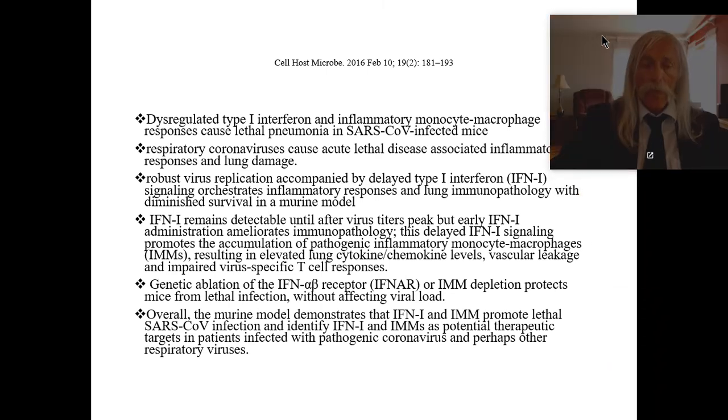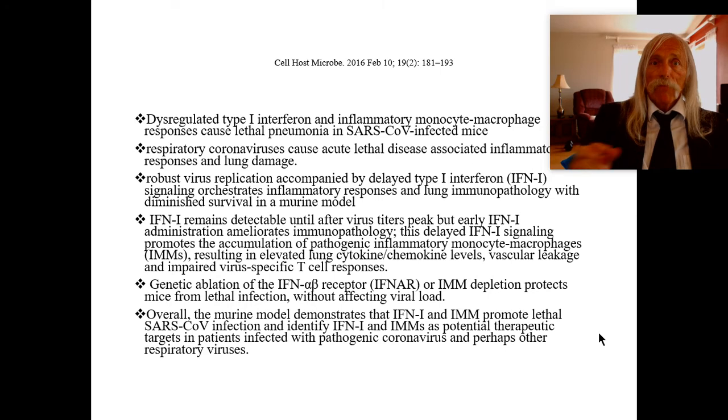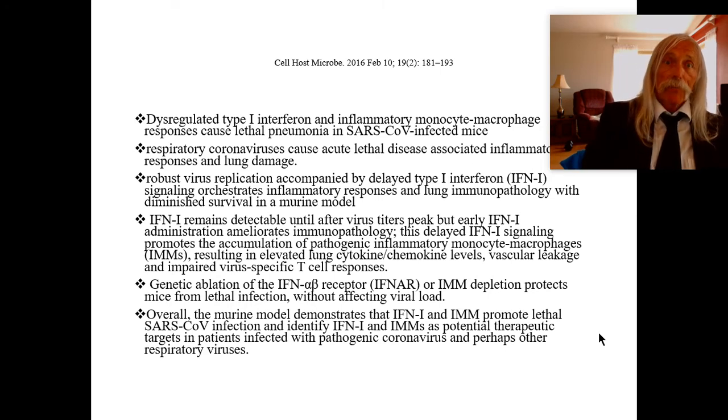Now, continuing, interferon 1, this pro-inflammatory cytokine system, which actually basically has a transcription factor now, remains detectable until after virus titers peak. But early interferon 1 administration ameliorates all that immunopathology, the pathology caused by the immune response, like the IMM response. See?